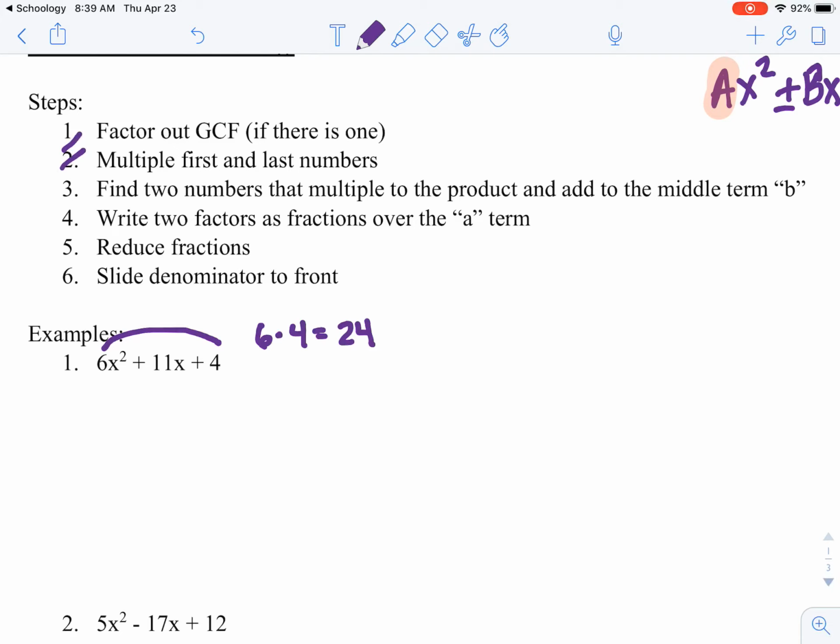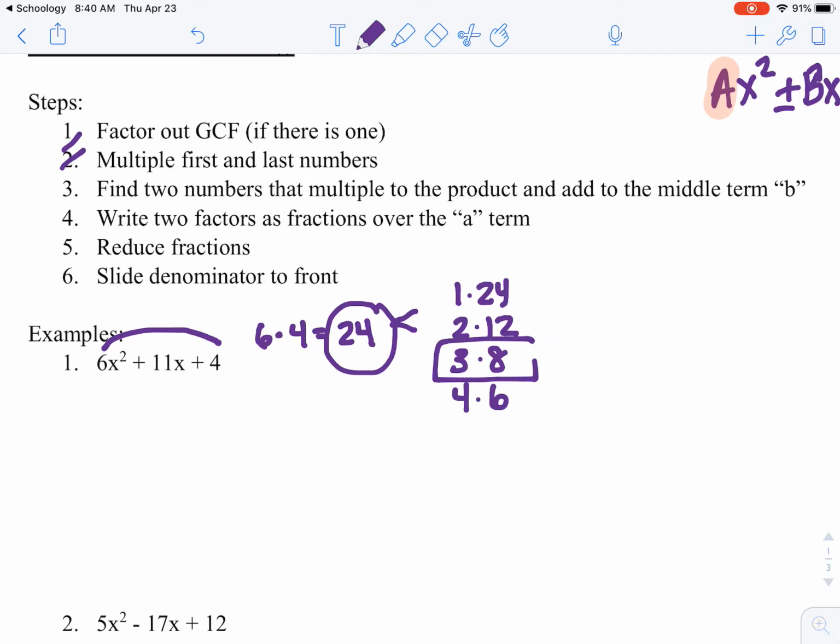Now I'm going to find two numbers that multiply to 24 and add to the middle number, 11. So let's look at our factors of 24: 1 and 24, 2 and 12, 3 and 8, 4 and 6. I'm looking for the factors that add to 11. So I have 3 and 8. Okay, so we did step 3.